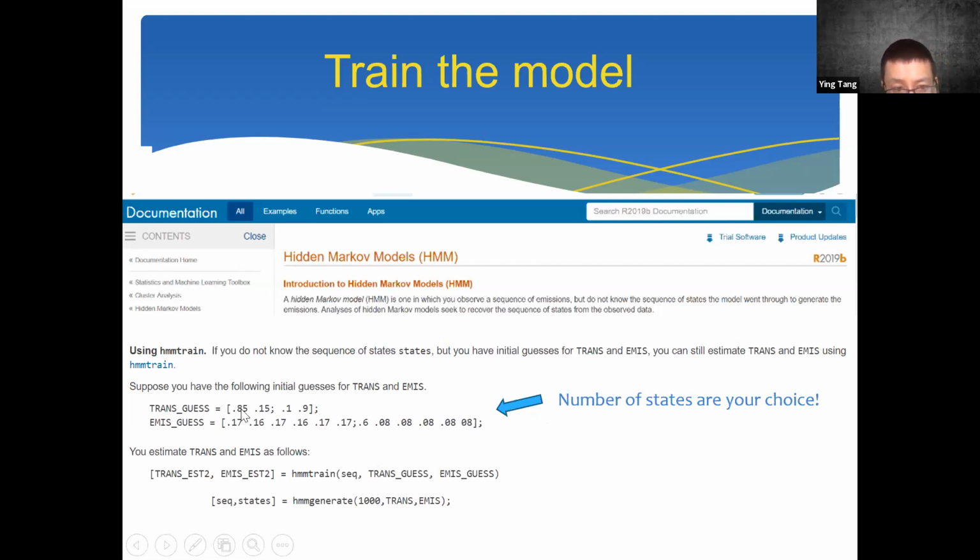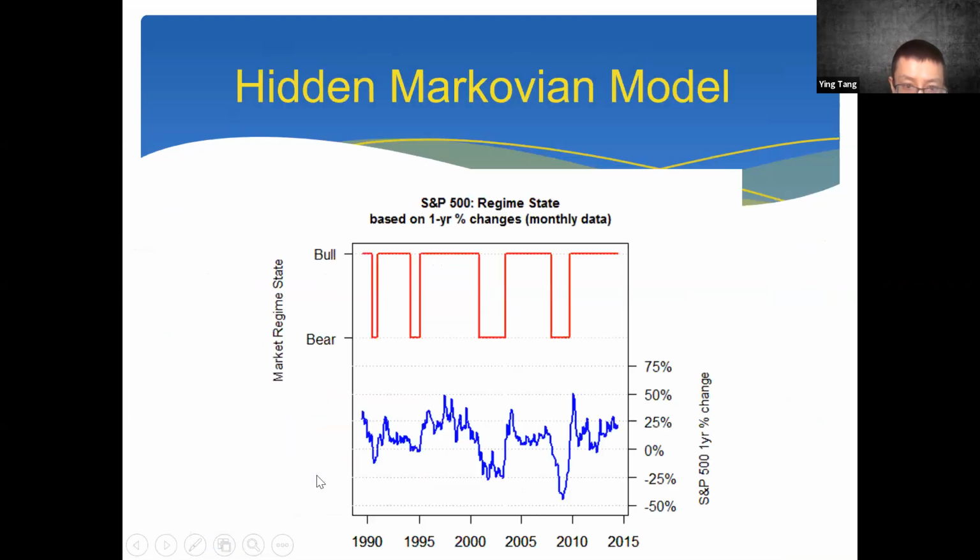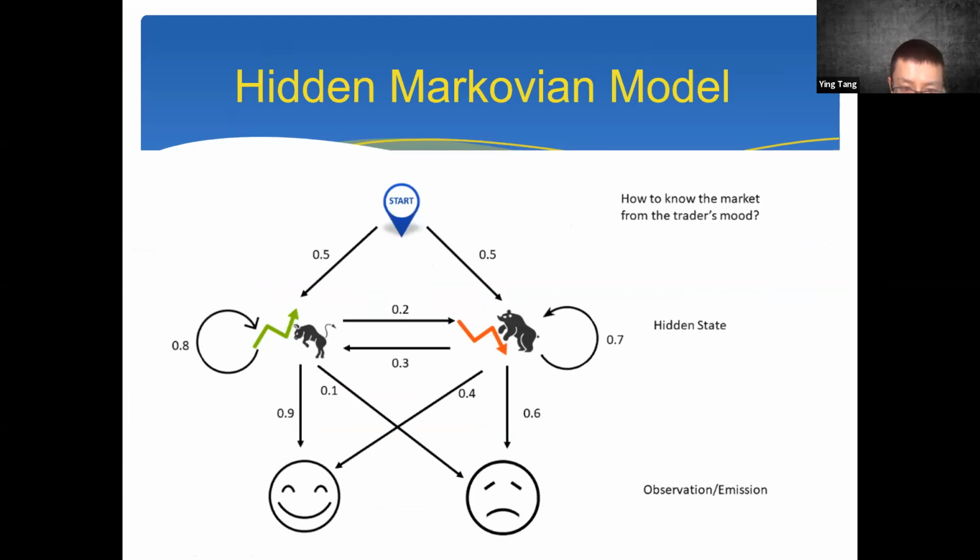So these are just the 2 matrices. You can give arbitrary numbers, and then this function will use this data to train the hidden Markov model to get the probability. This probability here, you see the value here, is the one that will most likely reproduce the data.